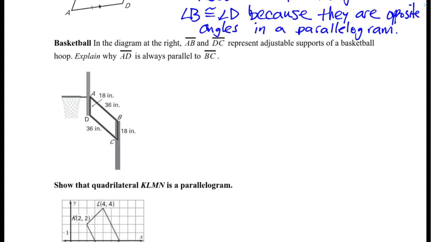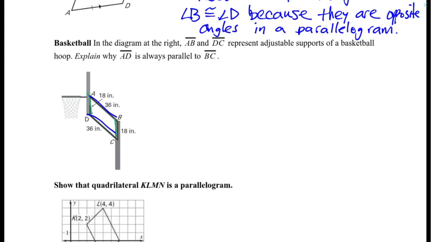We want to explain why AD, so why the backboard, will always be parallel to BC, which basically represents that pole. So when we look at this, we're seeing lengths, which is probably going to be valuable to us. If you look, you may notice that DC and AB both have measures of 36 inches.